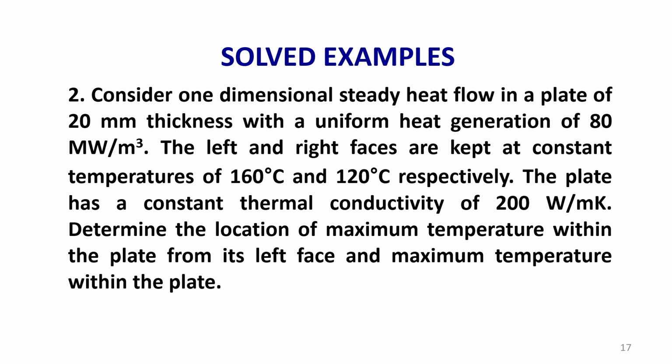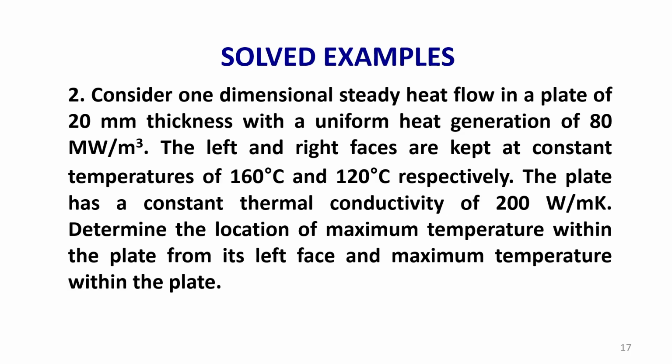The plate has a constant thermal conductivity of 200 watt per meter Kelvin, so the K value is given. Determine the location of the maximum temperature within the plate. So there are two things we need to find: the value of x at which the maximum temperature occurs, and the value of that maximum temperature.